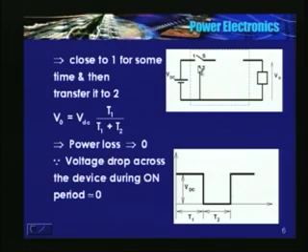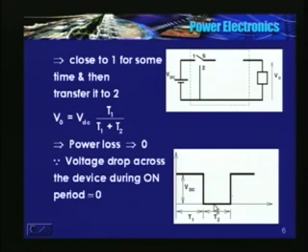I am not going to discuss the various parts of this circuit, that we will be discussing sometime later in the course. And so this is the voltage that is being applied. When I am closing switch 1, it is VDC, and when I am closing the switch in position 2, it is 0.